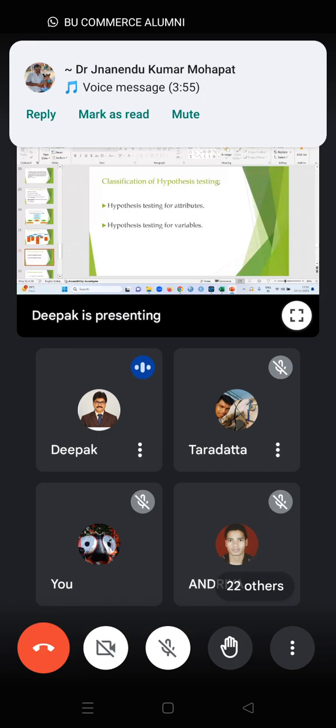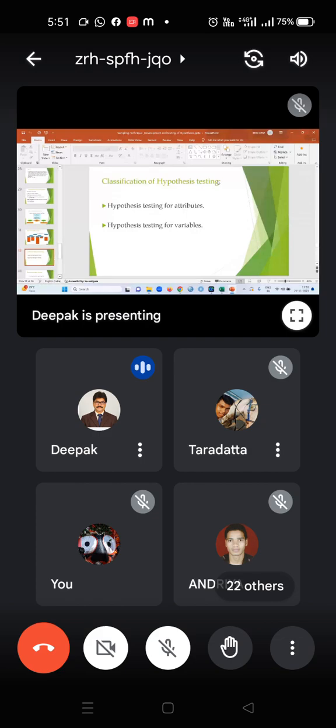So synonym for attributes are qualities. So honesty, how many people are honest? We can identify how many people are honest, but we cannot calculate how much honesty a person possesses. We say that he is a highly honest person, or he is not at all an honest person, but we cannot explain honesty with the help of a numerical value.